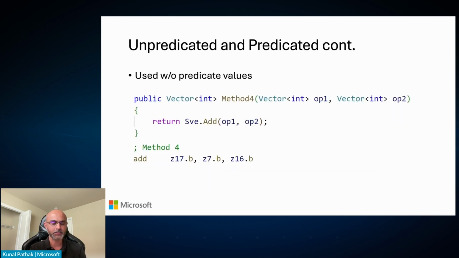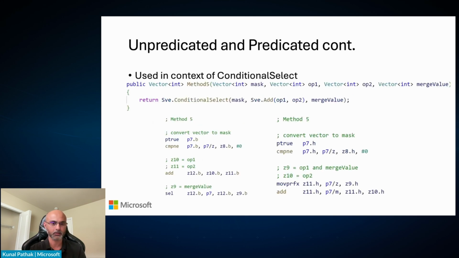Now, if we see a developer has typed SVE add, we know that they want to use the unpredicated variant. So we detect that pattern and generate the code of the unpredicated variant of the add instruction. However, if the developer has used conditional select, that means they want to use the predicated version of the add instruction. So we detect that pattern, and depending on the source registers and the destination registers and whatnot, we generate the code with the predicated variant.